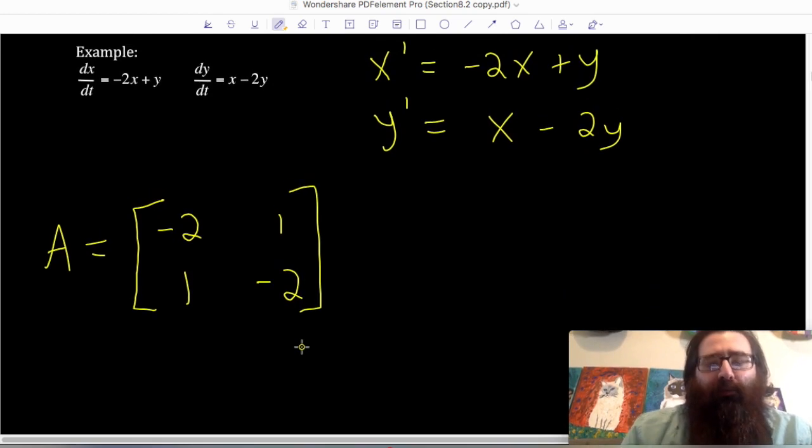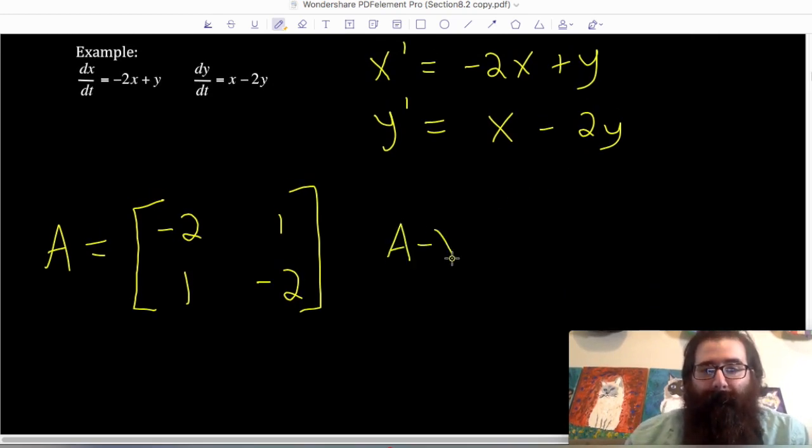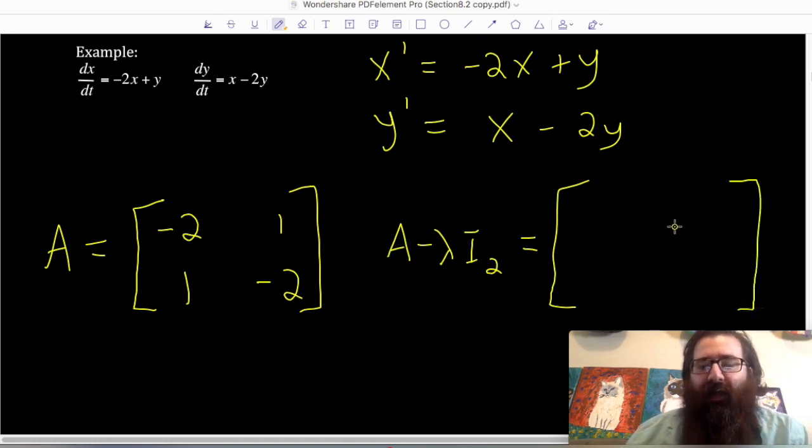And remember what we would do from here. We would want to take a look at A minus lambda I. Here I refers to that 2 by 2 identity matrix. We know the effect of this is that anything off the main diagonal is preserved, and for those entries on the main diagonal, from upper left to bottom right, we subtract lambda. So negative 2 minus lambda, and then another negative 2 minus lambda.